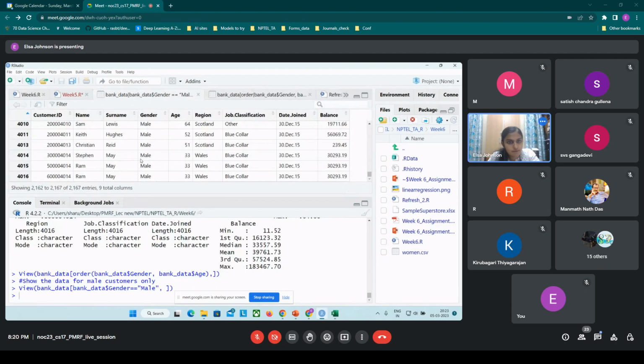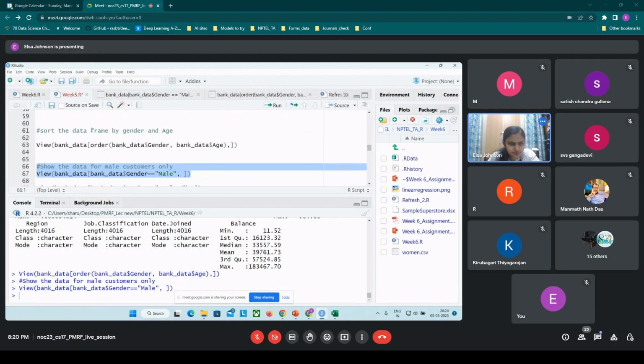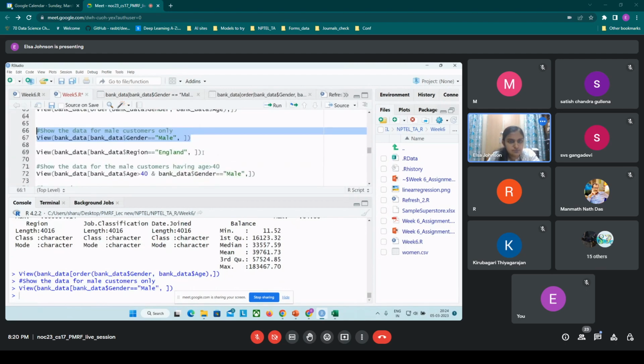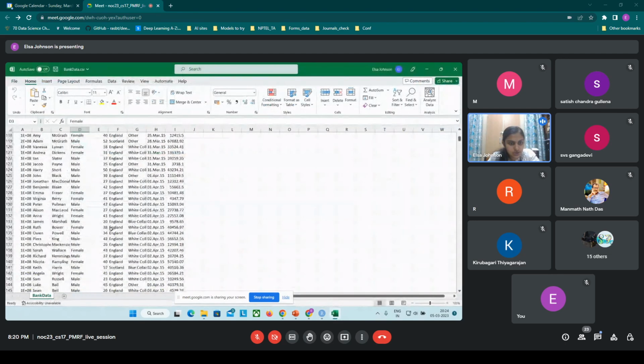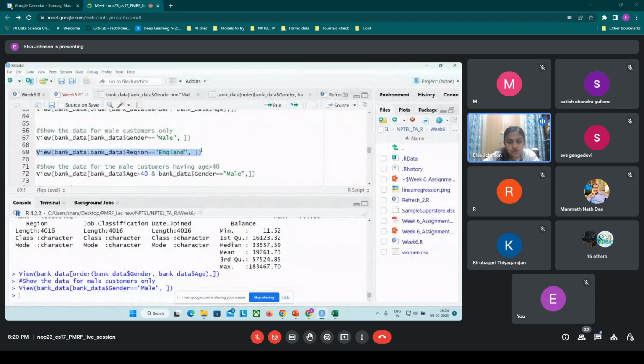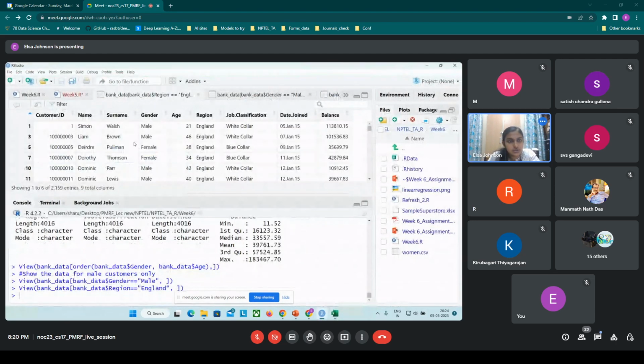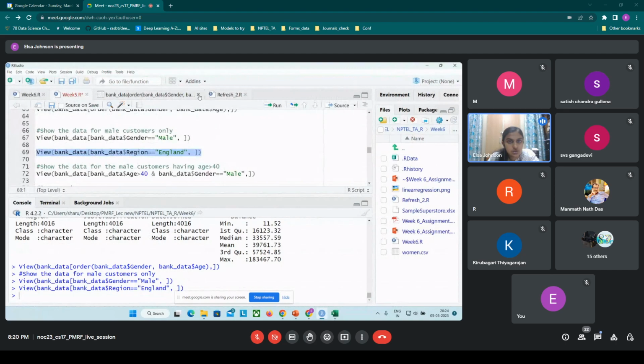Now if you want to see something separate, for example, this whole data had been shown for regions in the UK: England, Wales, Scotland, like that. If you want to see data only for England, it is like this. So these are the different things you can do with the data.